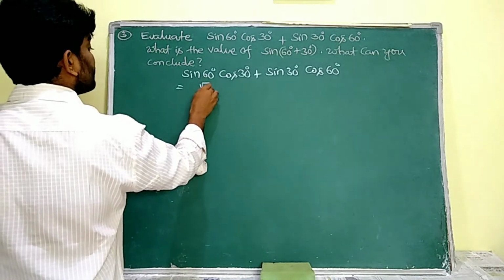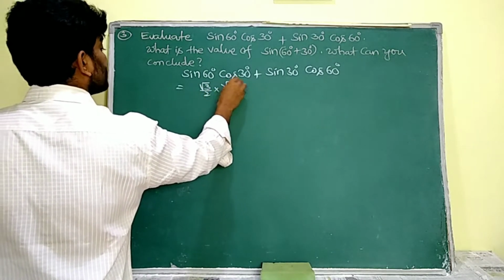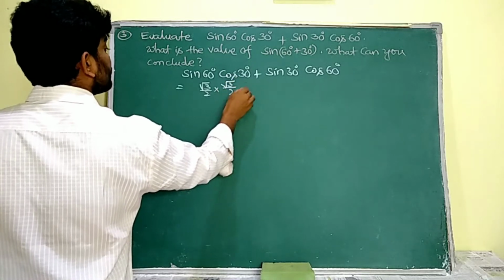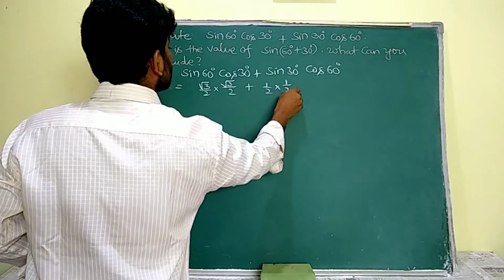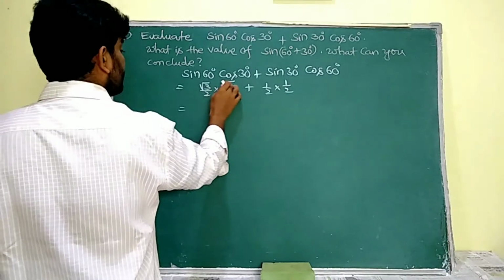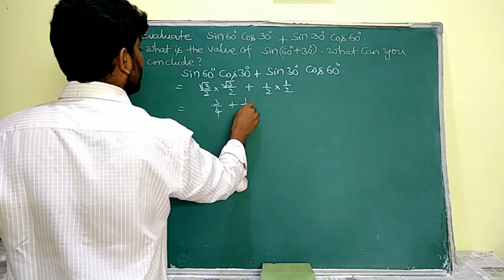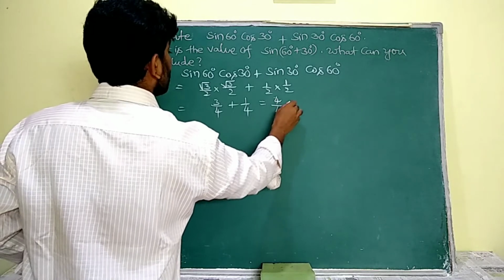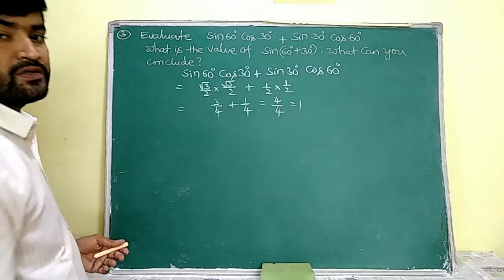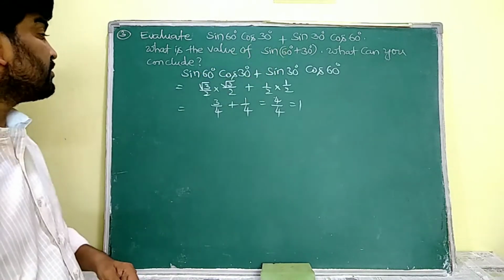Sin 60 is root 3 by 2, cos 30 is also root 3 by 2, plus sin 30 is 1 by 2, cos 60 is also 1 by 2. Root 3 into root 3 is 3, 2 into 2 is 4. It is 3 by 4 plus 1 by 4, that is 4 by 4, which is equal to 1. So sin 60 cos 30 plus sin 30 cos 60 is equal to 1.